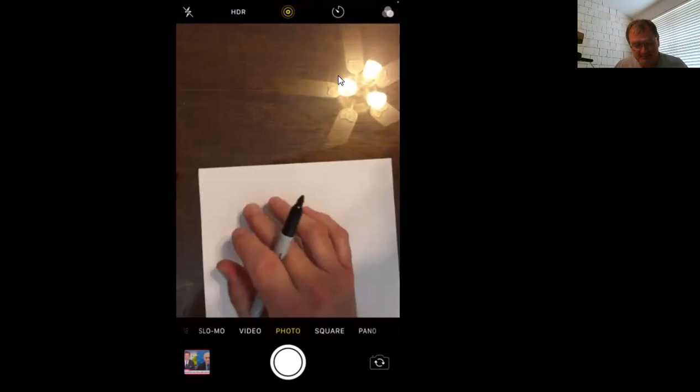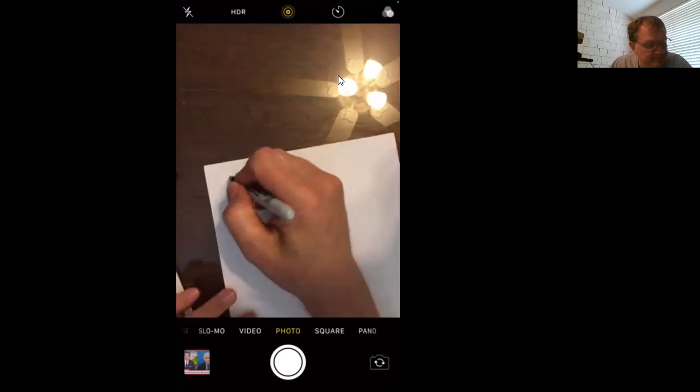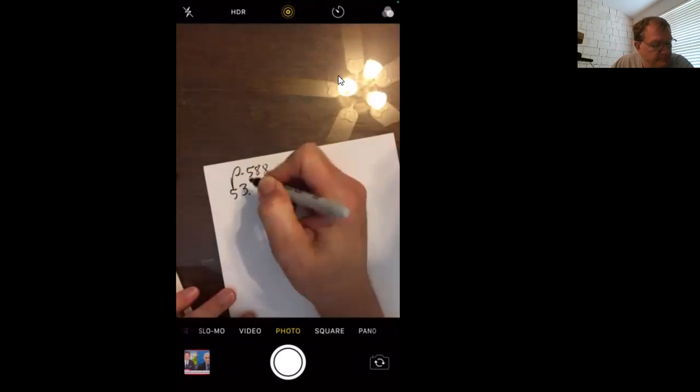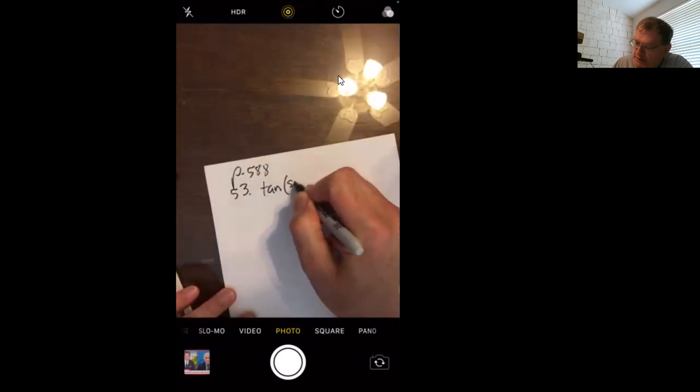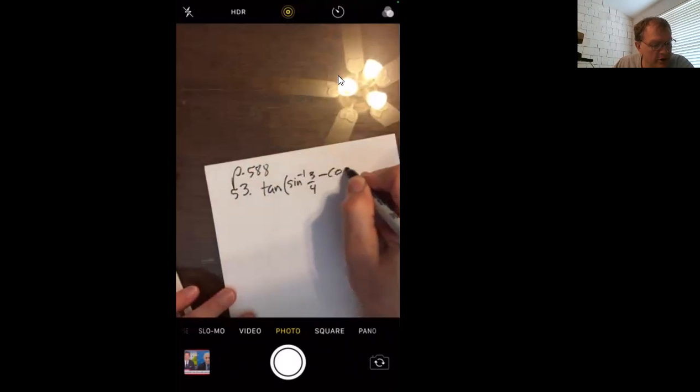Next page, about 53. Tangent of arc sine of 3/4, arc cosine of 1/3.